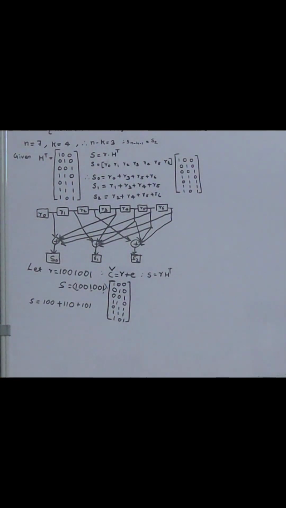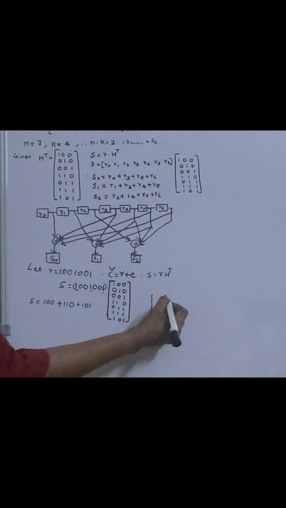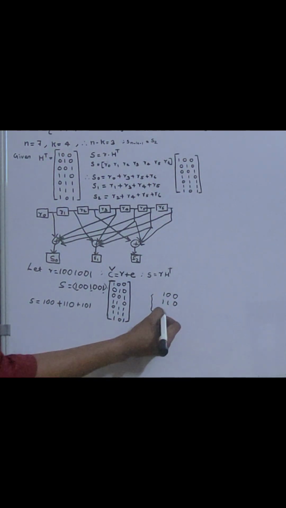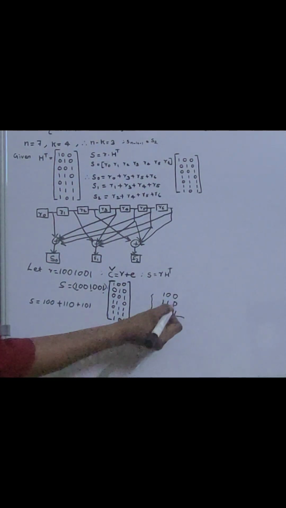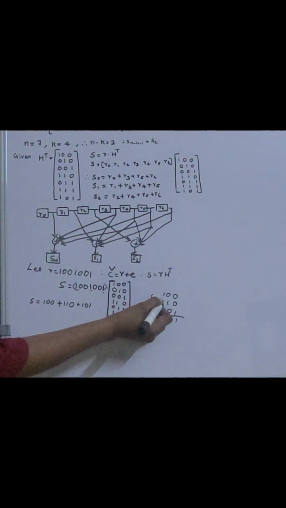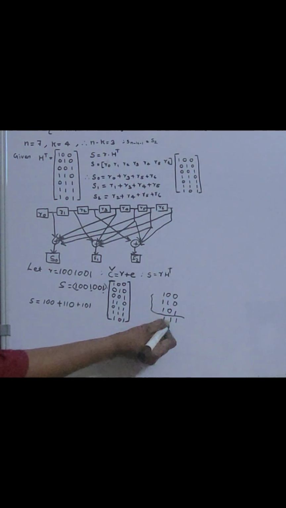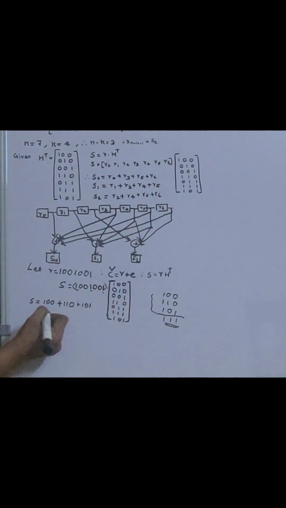So this is the easy way to find the syndrome. We have 1 0 0 plus 1 1 0 plus 1 0 1. Adding these three, we get 1 1 1 (1 plus 1 plus 1 is 1, 0 plus 1 plus 0 is 1, 0 plus 0 plus 1 is 1). So we got the syndrome as 1 1 1.